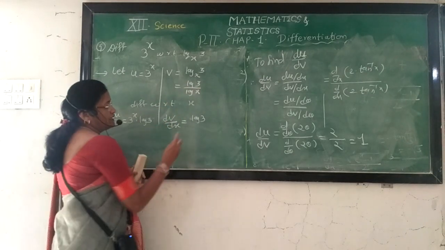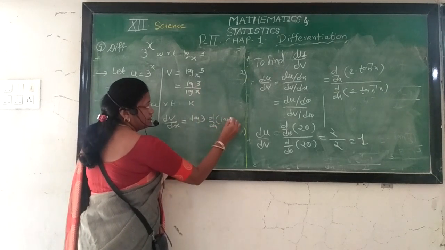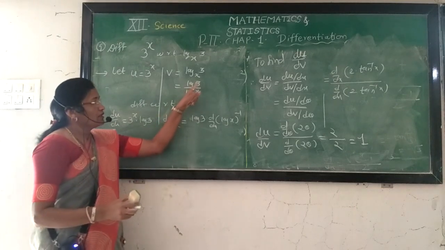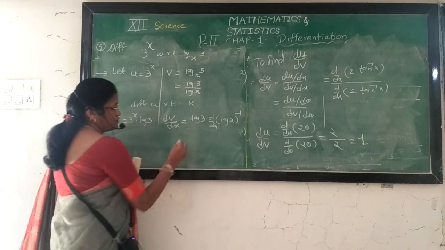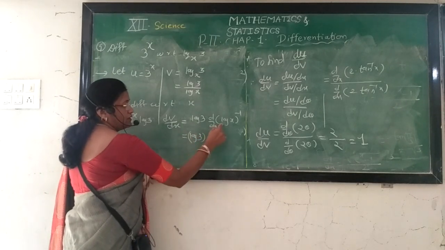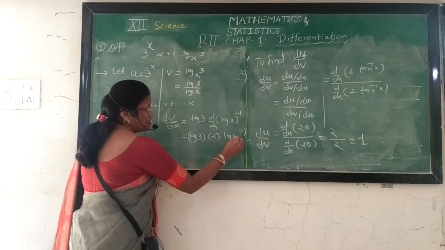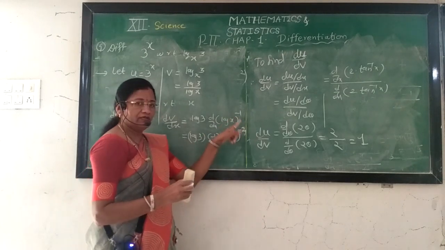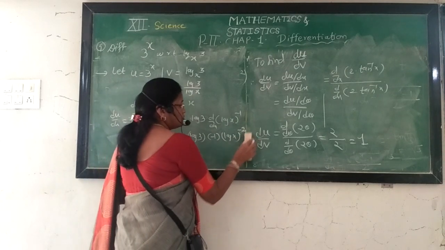The term is d by dx of 1 upon log x, which we can write as log x raised to minus 1. So log 3 is constant. The derivative of log x raised to minus 1 is minus 1 into log x raised to minus 1 minus 1, that is minus 2.